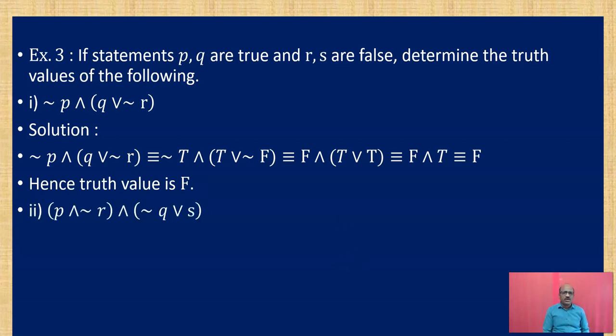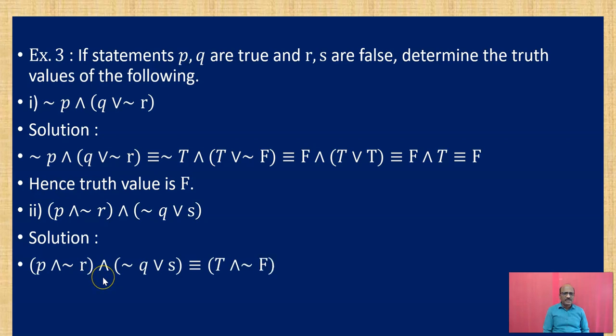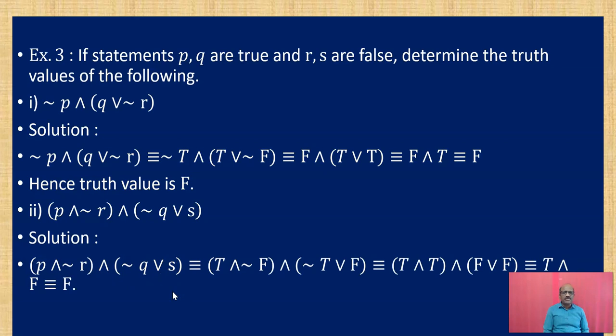Second, P or negation of R and in bracket negation of Q or S. Solution: P and negation of R and negation of Q or S. Again substitute the values: P is replaced by T, and negation of R means negation of F, and in bracket negation of Q means negation of T or S. S is F. Now negation of F is true, T and T is again T. What about the next?